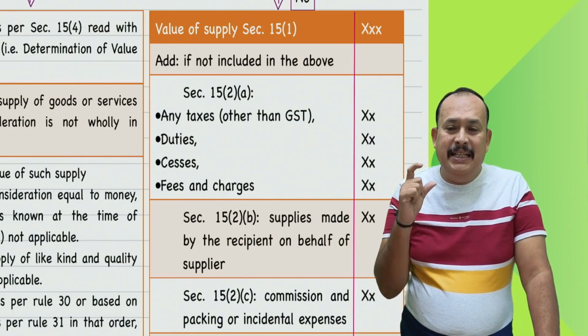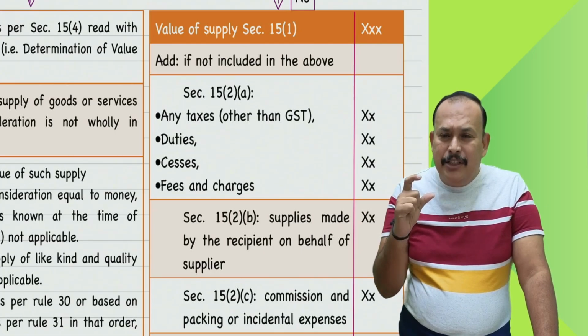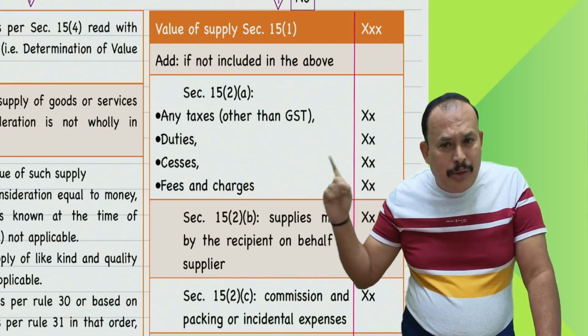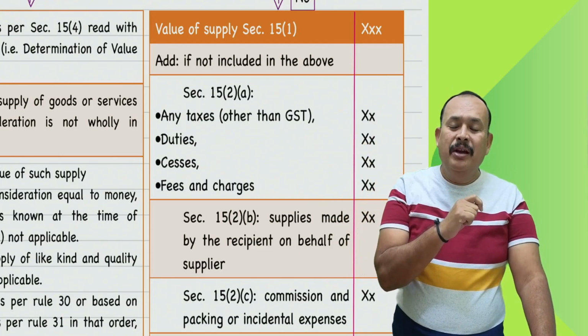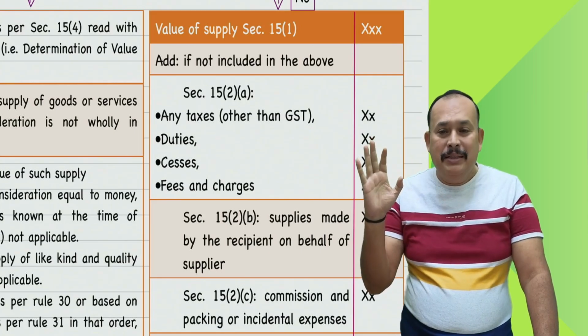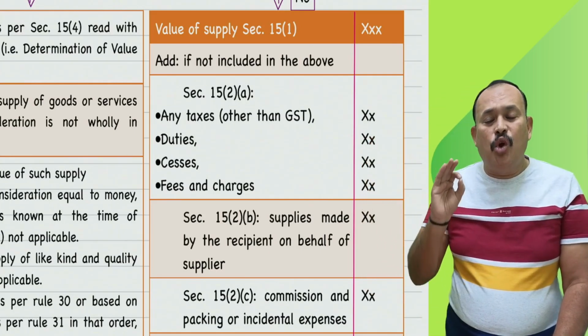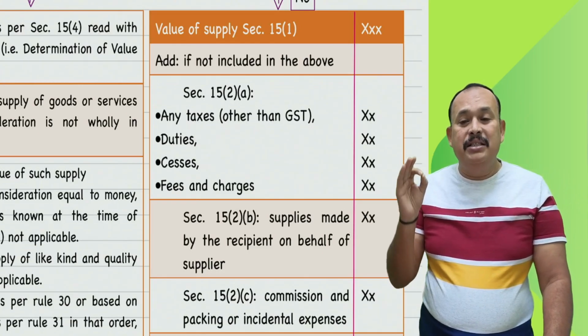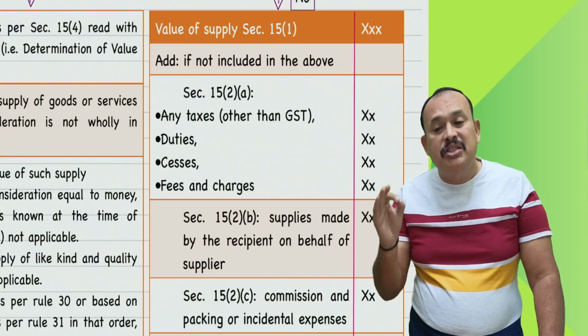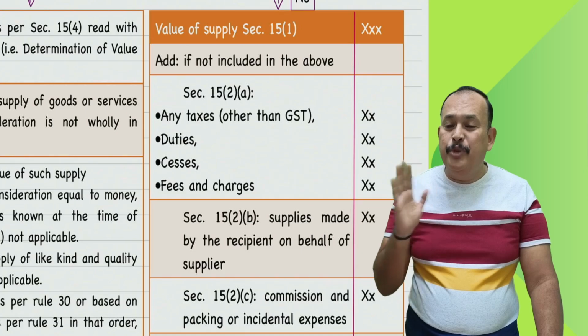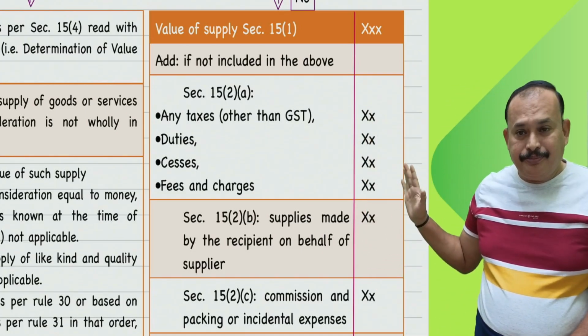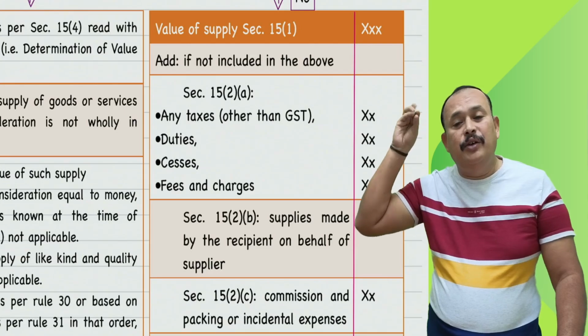Is TCS to be included in the value of supply under GST to find the GST, or should it not be included? No doubt, tax collected at source under section 206C of the Income Tax Act is absolutely not a GST tax. Is it addable in the value of supply?